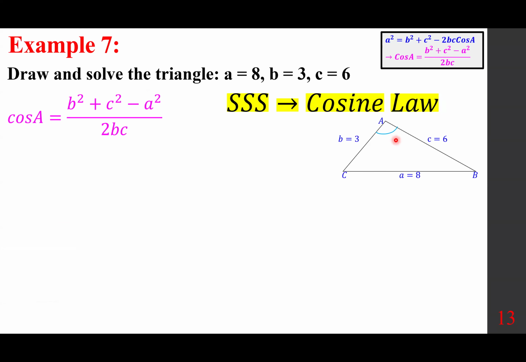So cosine A is b squared, 3 squared or 9, plus c squared, 6 squared, minus a squared, 64, over 2 times 3 times 6. 9 plus 36 is 45, minus 64 is negative 19. 2 times 3 times 6 is 36.